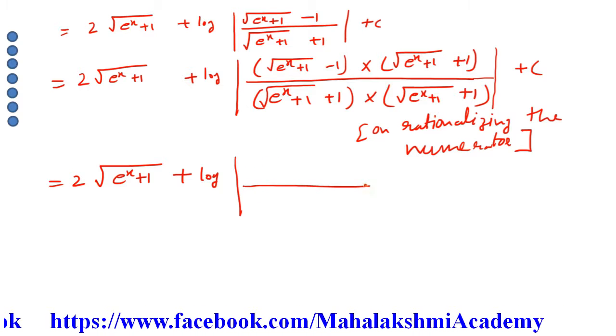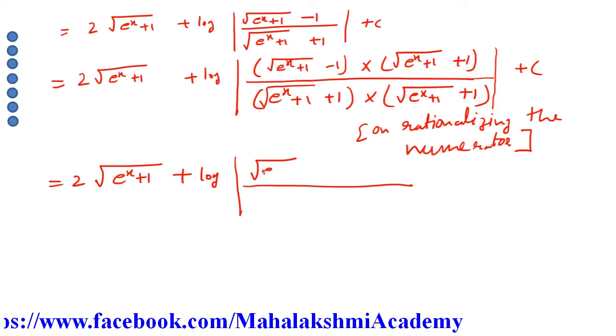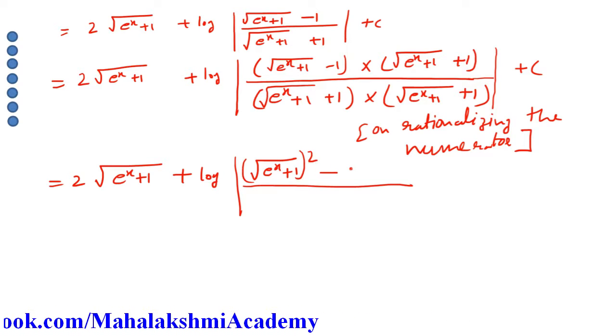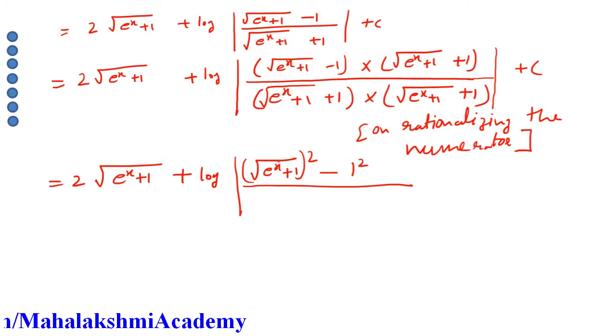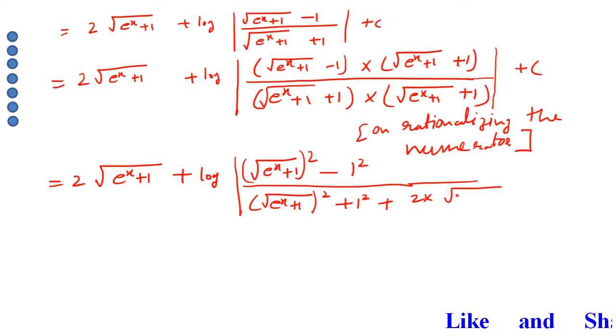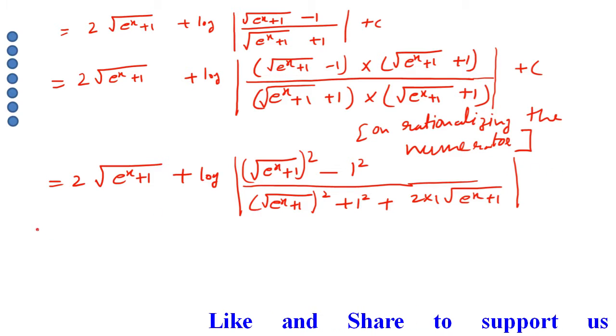That's why root e to the power x plus 1 square, that is a square, minus b square, upon, it is in the form of (a plus b) whole square. So a square plus b square, then plus 2ab. 2ab means 2 multiplied by a into b, that will give you 2 multiplied by 1 into bracket square root of e to the power x plus 1. So I have used the formulas.